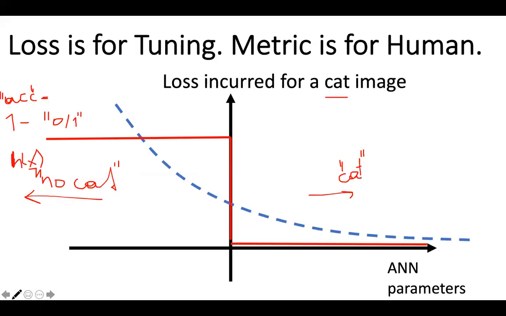But why might it not be so useful to use this loss function for tuning the parameters of the network, like the weights and the bias terms? In the end, we want to tune the network parameters to find the minimum loss.